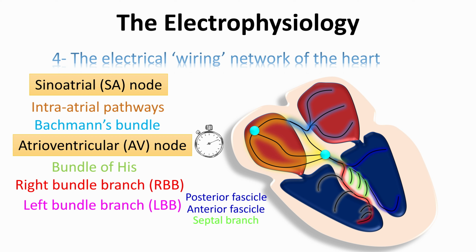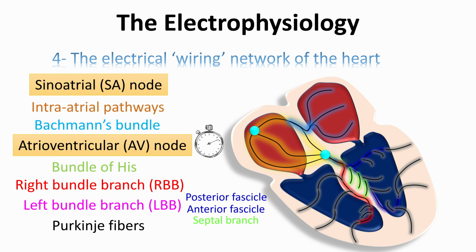The anterior fascicle is a narrow band of fibers, which spreads over the anterior and superior surface of the left ventricle. Having traversed the bundle branches, the impulse finally passes into their terminal ramifications called Purkinje fibers.